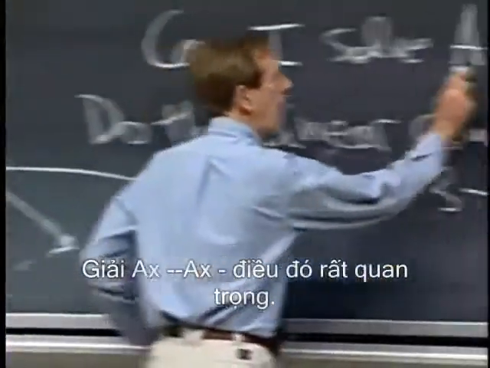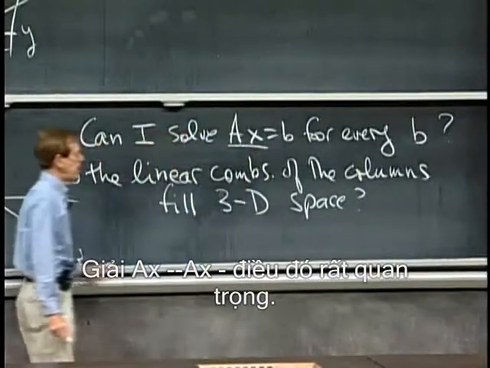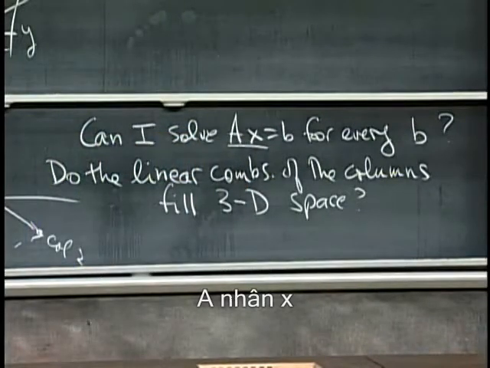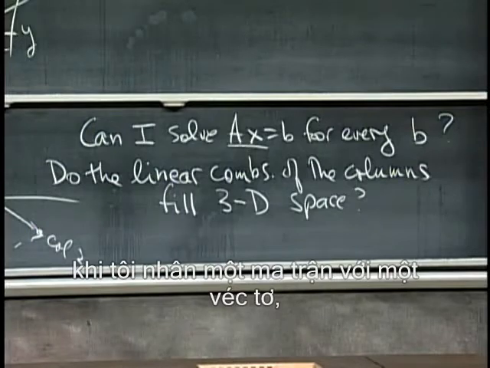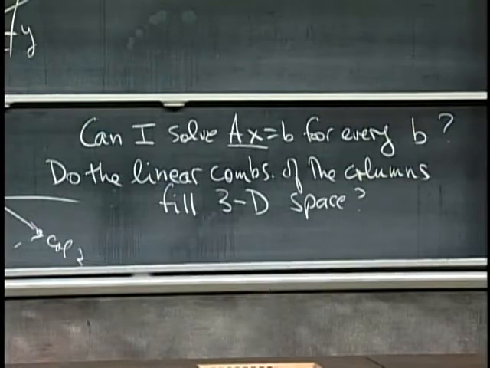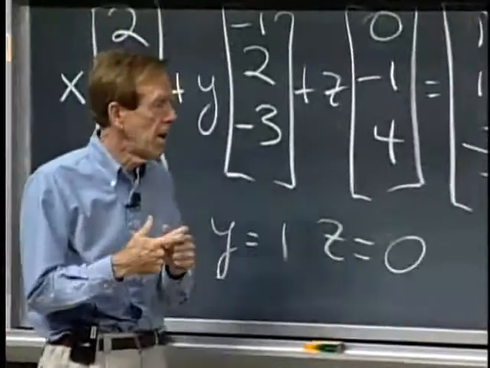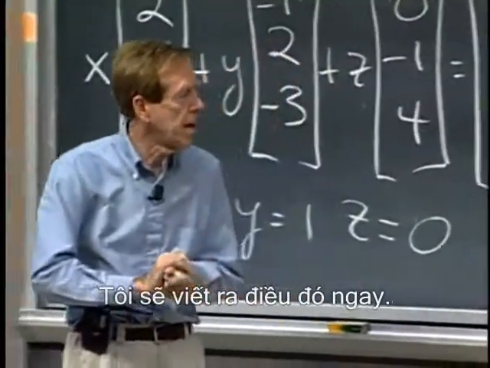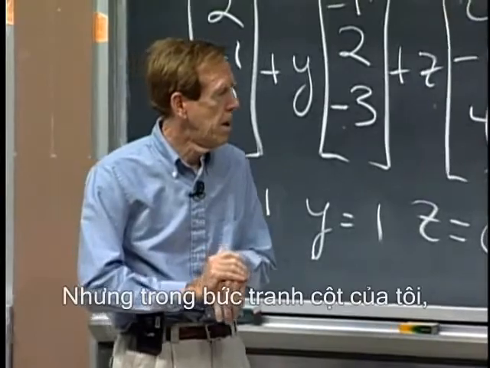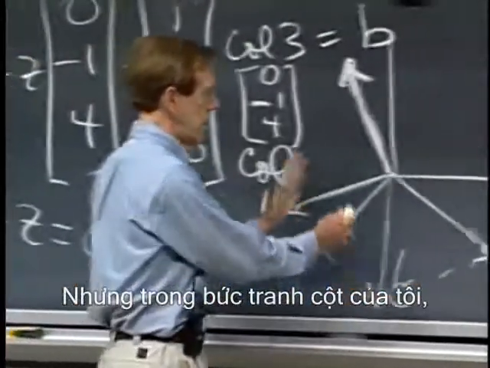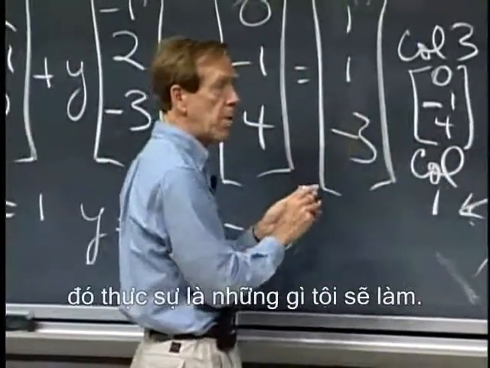Solving AX, oh, that's very important. A times X, when I multiply a matrix by a vector, I get a combination of the columns. I'll write that down in a moment. So that, you see, but in my column picture, that's really what I'm doing.